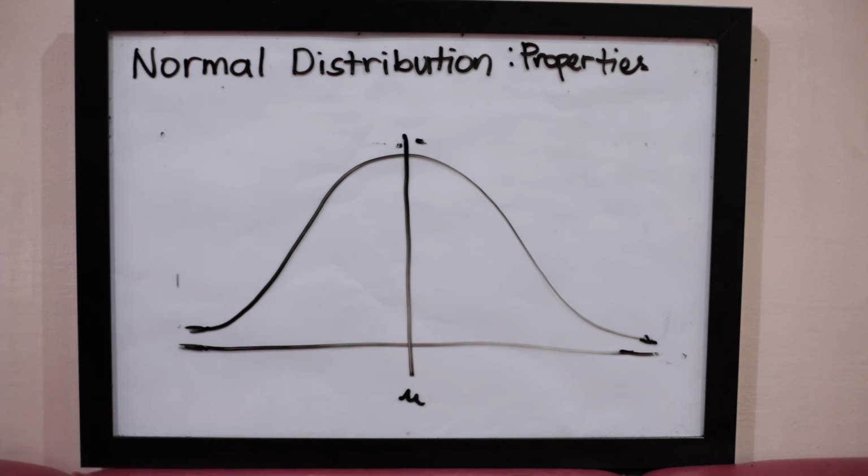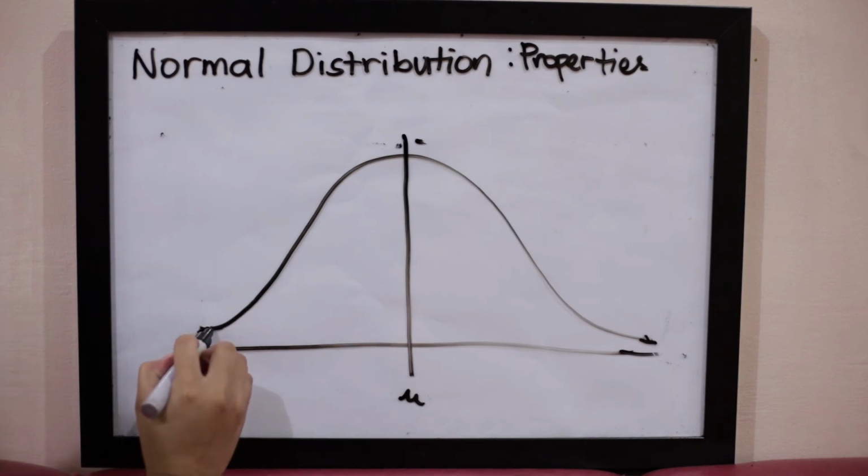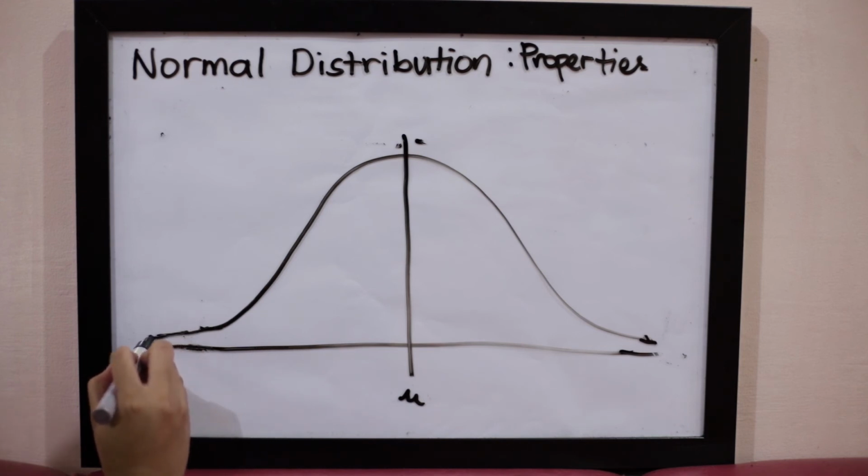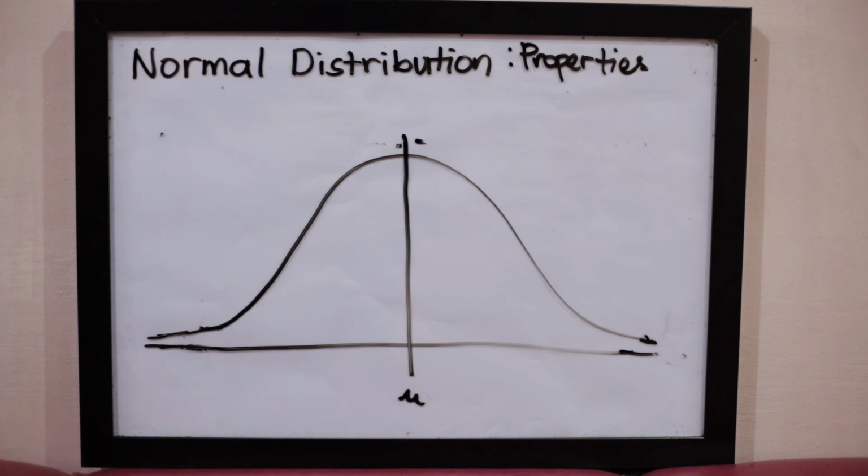Another property that contributes to why it looks like this is that the normal distribution is asymptotic. When we say asymptotic, this graph will get closer to the x-axis but will not intersect it. Meaning, if we extend this further, it will just get closer to or stay above the x-axis but will never cross or intersect it.